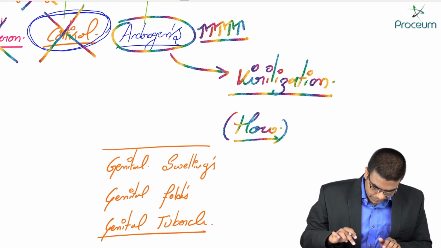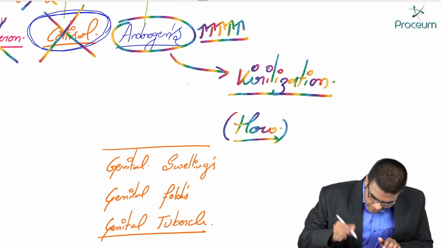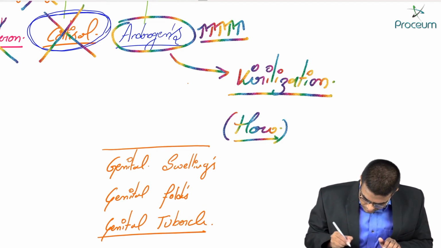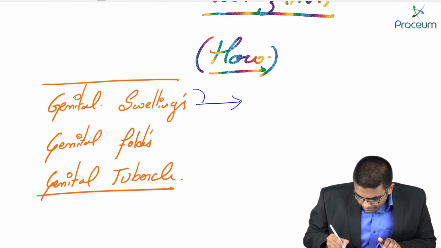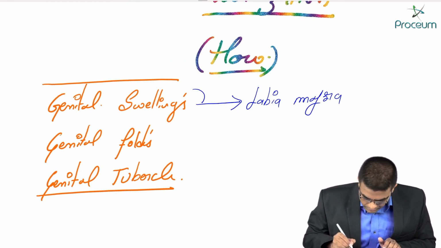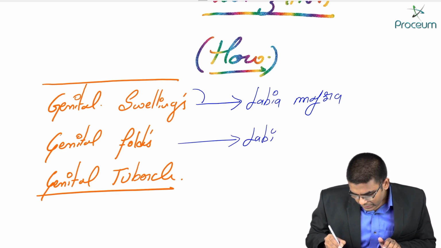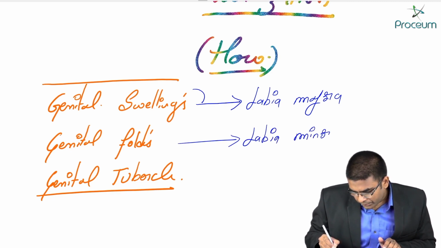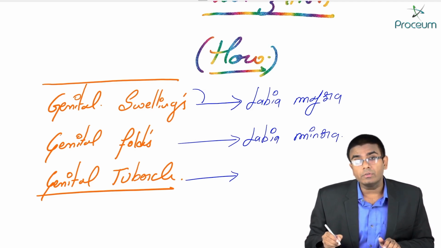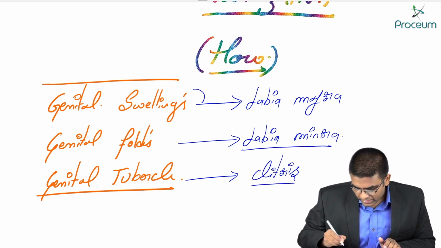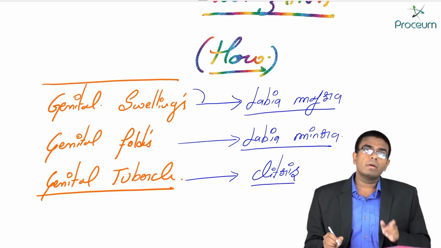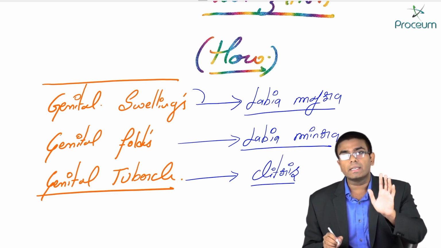Okay, now guys, please remember, whenever there are no androgens, these structures, for example genital swellings, will be converted into labia majora. Genital folds will be converted into labia minora. Genital tubercle will be converted into clitoris. Okay, please keep this point in mind.